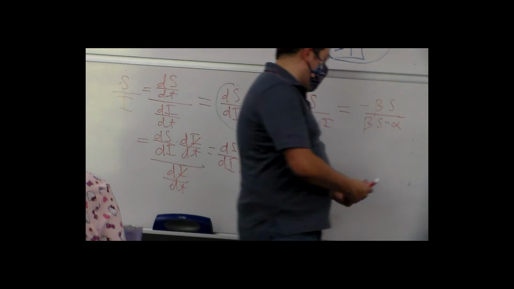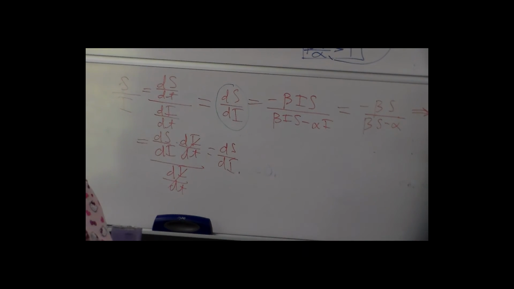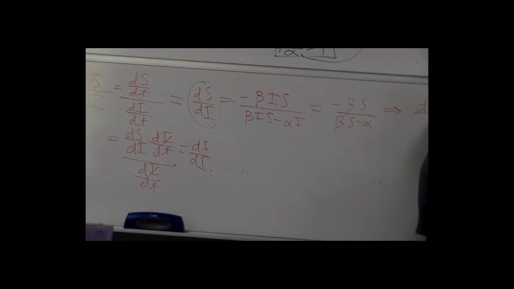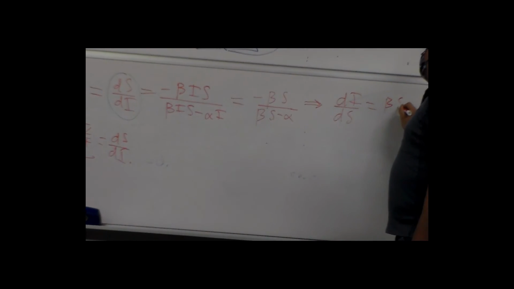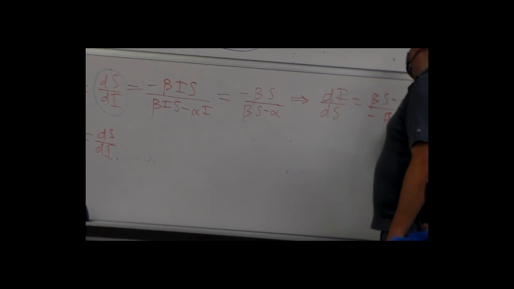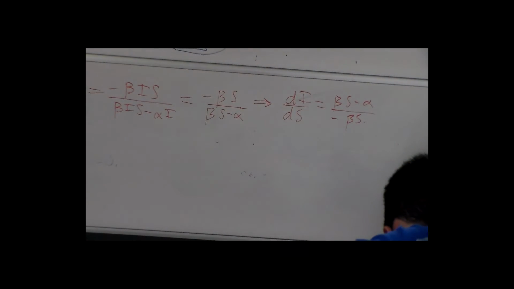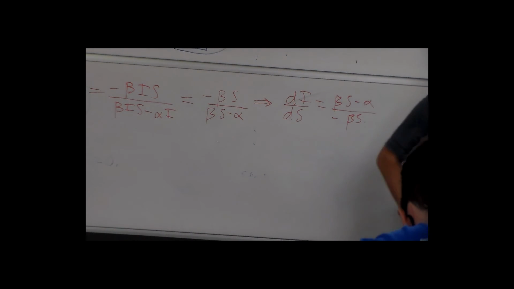Let me flip this equation a little bit. So this implies dI/ds is equal to beta s minus alpha over negative beta s. So now what happens when s equals alpha over beta? What is dI/ds?